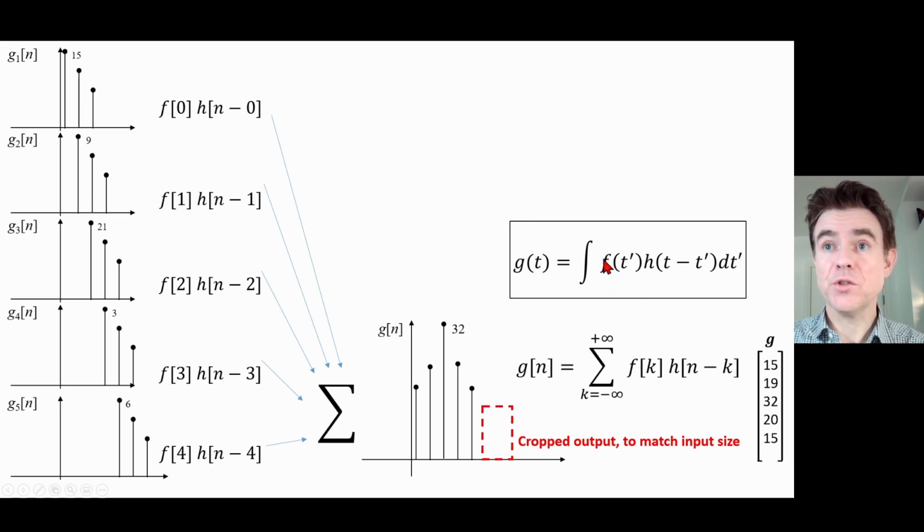Okay, so here's the amplitude of the impulse, amplitude is f, of the impulse located at t prime, and so we've got to do the response function shifted to that same position t prime, and then it's just amplified by the input function at that position t prime. And then of course we sum them all up, and therefore here we integrate them all up, all of these responses. So here the sigma has gone to the integral over dt prime, because t prime here is corresponding to k in the discrete version.